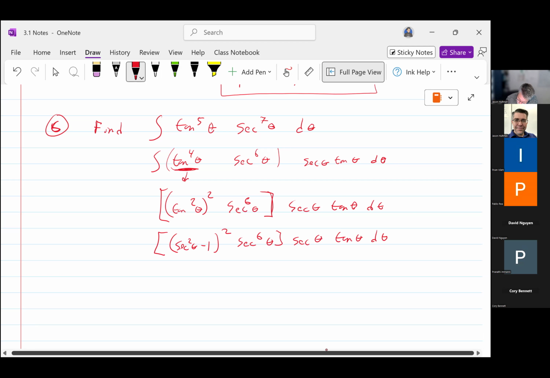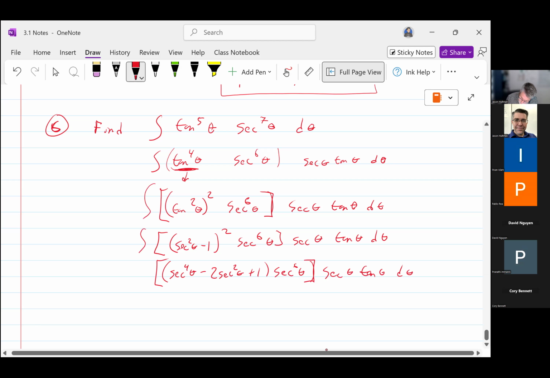So, let's multiply this out first and distribute. When I FOIL this out, I'm going to get secant to the 4th minus 2 secant squareds plus 1, times secant to the 6th theta times secant theta tangent theta d theta.